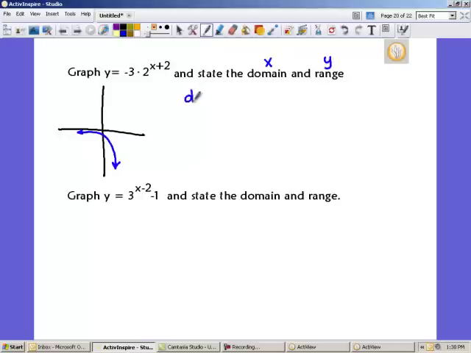So the domain for this one is asking, what are all of the x values doing? Does it cover the entire spectrum, meaning the negative and the positive? So does this graph go into the negative side and the positive side? And the answer should be yes. So all real numbers are included here. And that's exactly what we'll write.